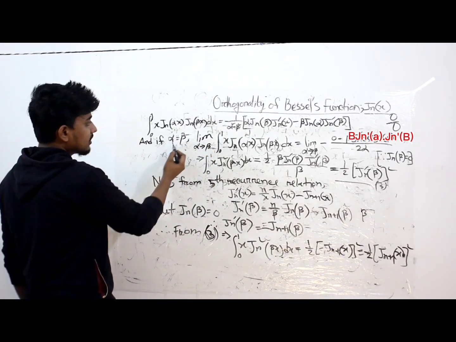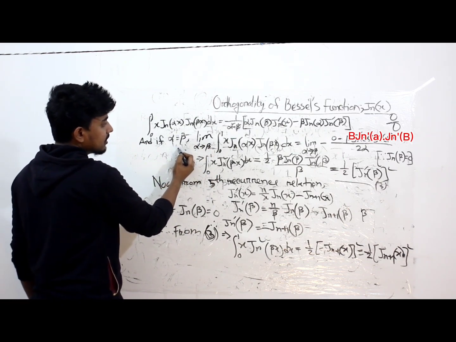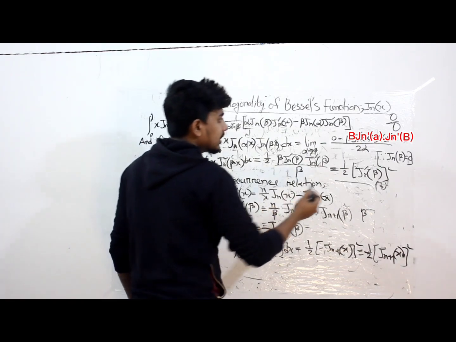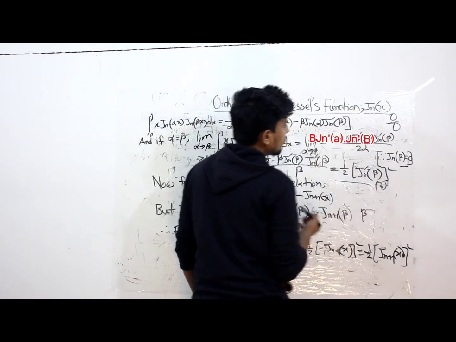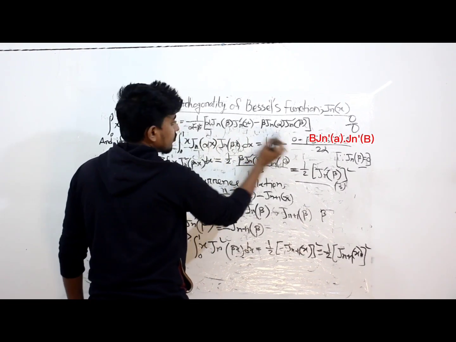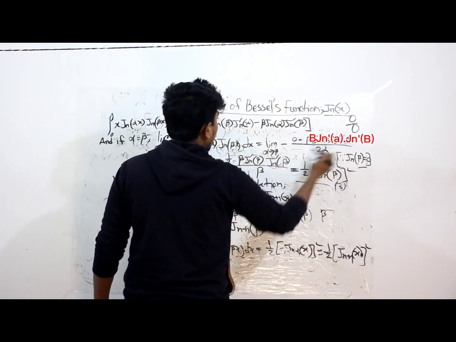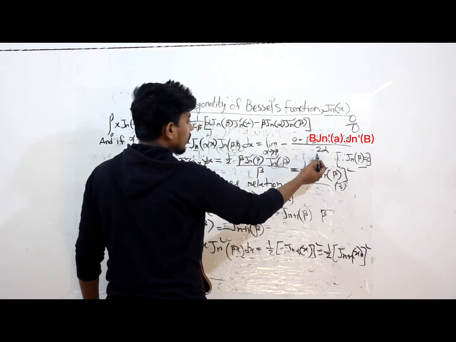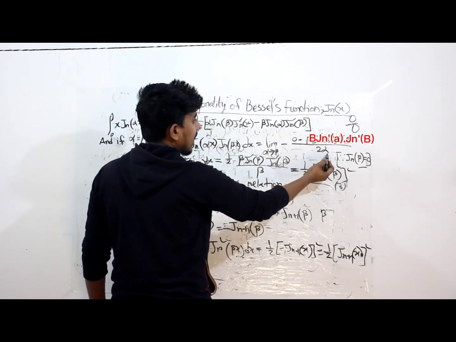We will assume that beta is a root of this equation, so Jn of beta equals 0. Then we put Jn of beta equal to 0 in this equation, so this term will be 0 and we will have only this term. Then we will also differentiate the upper and lower fraction with respect to alpha.